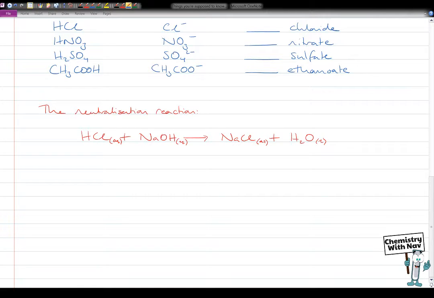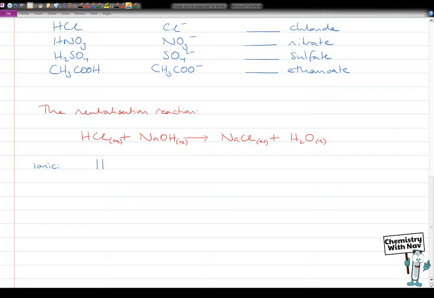If I want to convert that into an ionic equation, then I need to get rid of any spectator ions, and spectator ions are ones that have literally done nothing. So the Cl- ion on the left hand side in the hydrochloric acid has turned into a Cl- ion on the right hand side, and they're both aqueous. The sodium ion in the sodium hydroxide is aqueous, the sodium ion in the sodium chloride is also aqueous. That has done nothing.